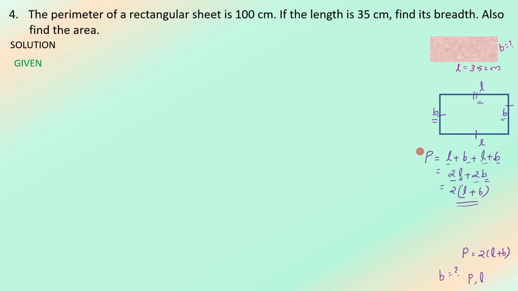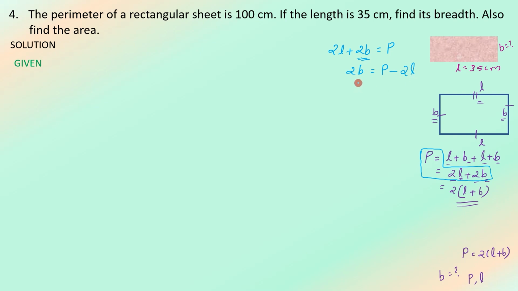Now let us take this step, that is perimeter equal to 2L plus 2B. Let me write it here. 2L plus 2B equal to P. Here we want to find B. So keep 2B here, that is equal to P, then take 2L to right hand side, it will be P minus 2L.